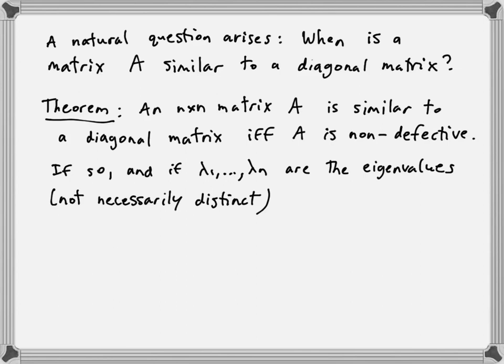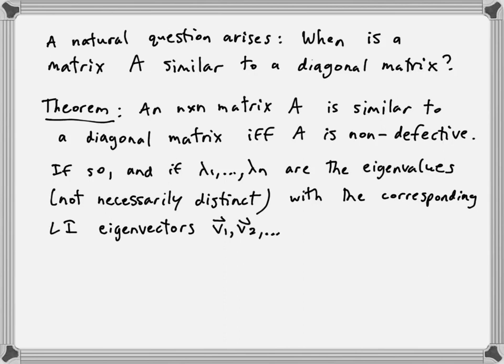It has n of them. So let's suppose that lambda 1 to lambda n are the eigenvalues, and some of them might be repeated. And we're going to say that these have the corresponding linearly independent eigenvectors V1, V2, all the way to Vn. These are different, and not only different, but they are linearly independent.